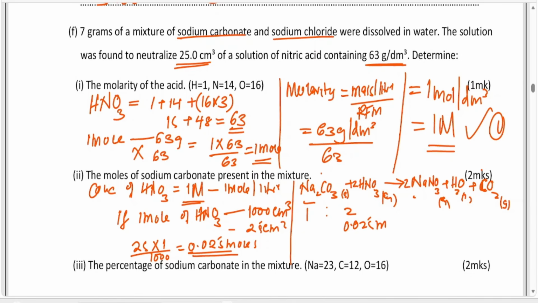And I understand that the moles of the acid that were used is 0.025 moles. So how do I get the moles of the carbonate used? I just do the cross multiplication, and I will just divide by 2. So it's going to be 0.025 divided by 2, and I'm going to get 0.0125.